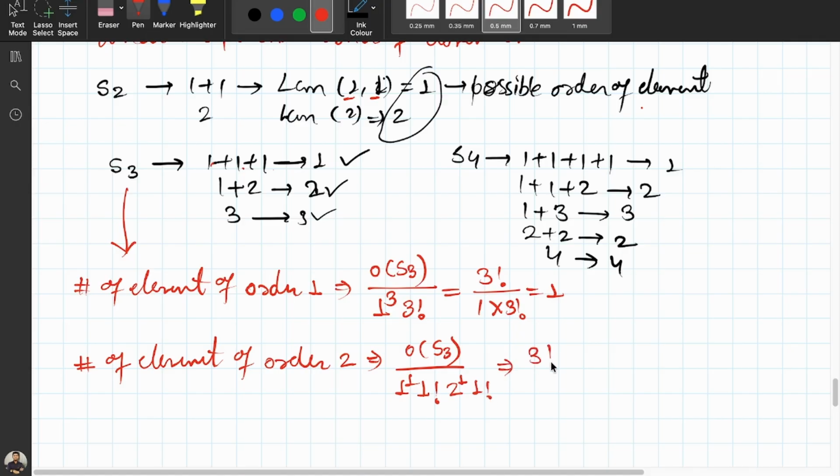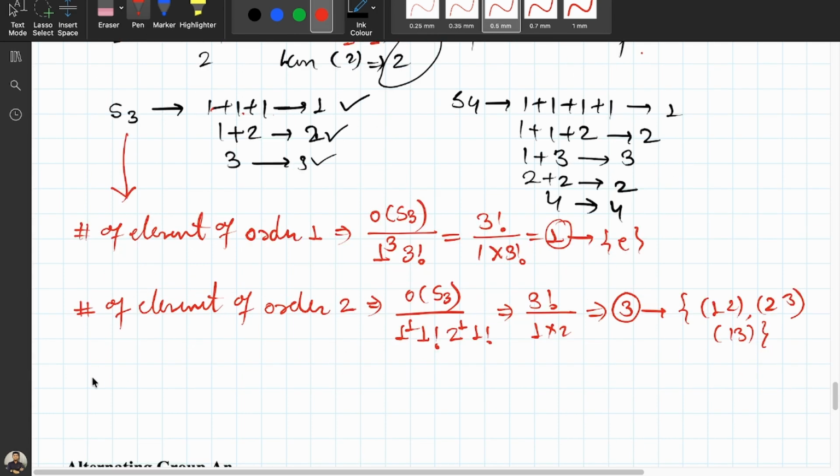Now solve this: 3 factorial upon 1 into 2, that is 3 elements of order 2. Order 1 is the identity only. The 3 elements of order 2 are (1 2), (2 3) and (1 3).